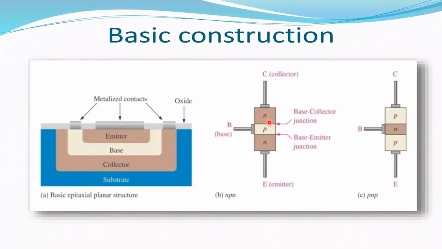Coming to NPN, it is divided into N, P, and N, three different diodes. One is the base-emitter junction, the other is the base-collector junction, and the middle one is the base. The top one is collector, and the bottom one is emitter. So this is about it. And the same way, PNP is also in the same form.